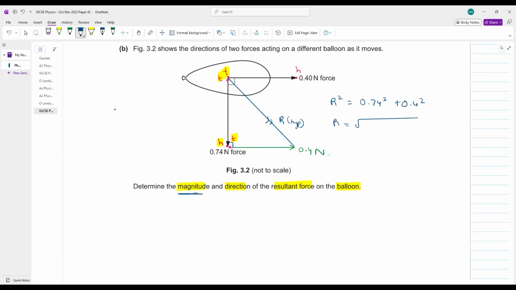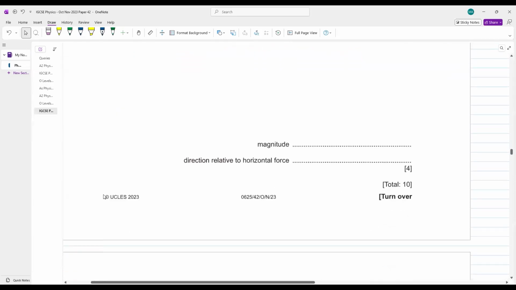Can you calculate the value of the resultant? 0.74 square plus 0.4 square taken under root. Your resultant comes out to be 0.84 Newton. So let's write it in the answer. 0.84 Newton is your resultant vector.